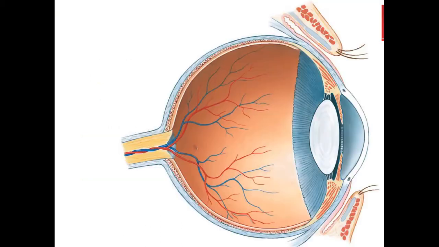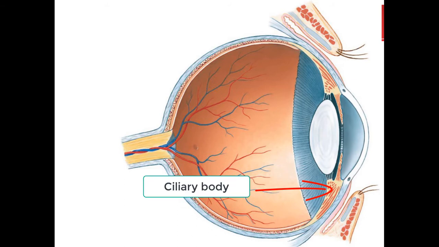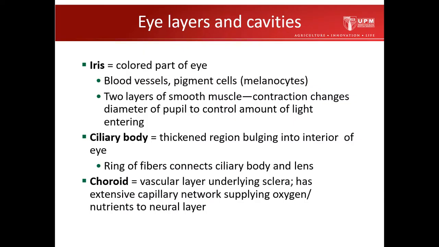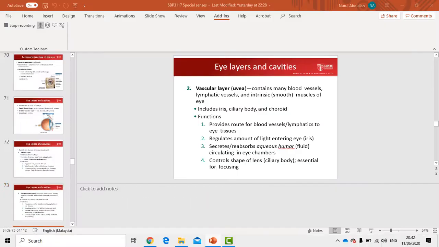Next we have the ciliary body, which is the thickened region that bulges into the interior of the eye. And the next one is the choroid, which is the vascular layer that is covered by the sclera. The choroid has an extensive capillary network that delivers oxygen and nutrients to the neural tissue within the neural layer.